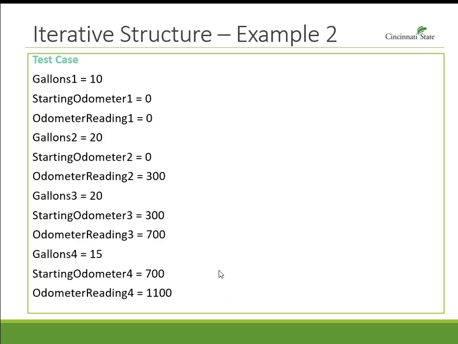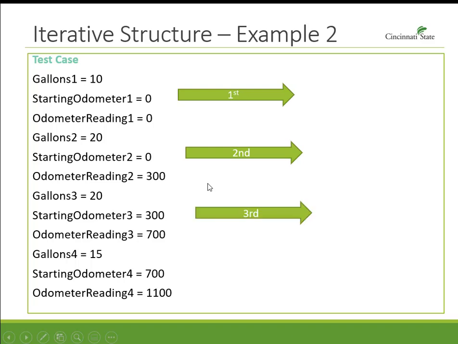Let's walk through this test case. In our first fill-up, we have 10 gallons, odometer reading of 0, start 0, reading of 0. Second fill-up, 20 gallons, starting odometer 0, odometer reading 300. Third fill-up, 20 gallons, start odometer 300, odometer reading 700.